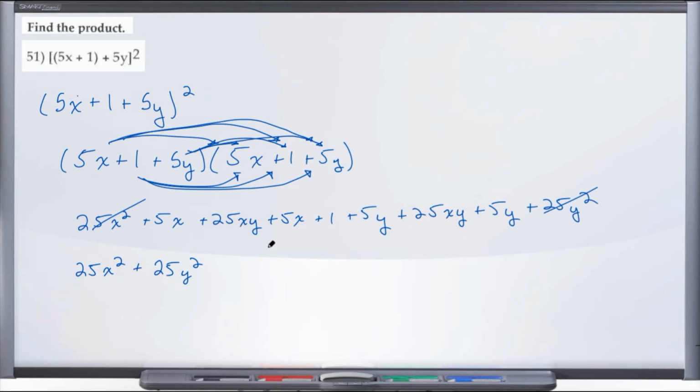What will come next? How about we do our x's? So 5x plus 5x is 10x, so plus 10x. And then we can do our 5y and 5y will be plus 10y. And 25xy plus 25xy will be plus 50xy. And then our individual constant of just plus 1.